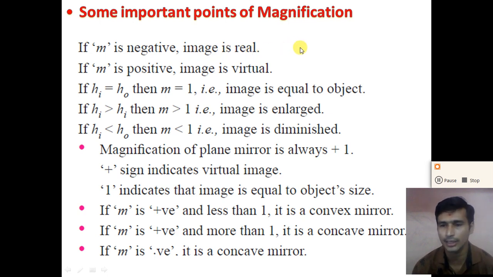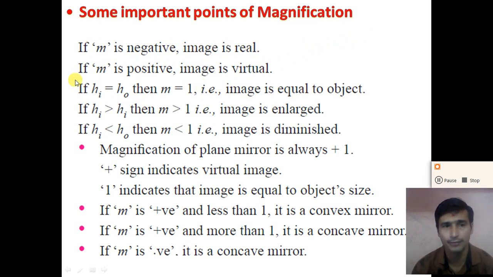So in case of the concave mirror, the image is real and inverted. So for the concave mirror, the magnification is negative.